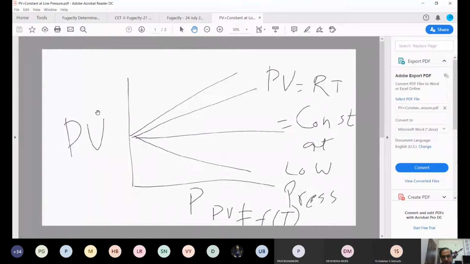If you plot PV versus P, ये converges to one point at very low pressures. प्रेशर जैसे बढ़ता है, deviation change होता है, but at low pressure it becomes almost constant. It is experimental data, observations. ठीक है?